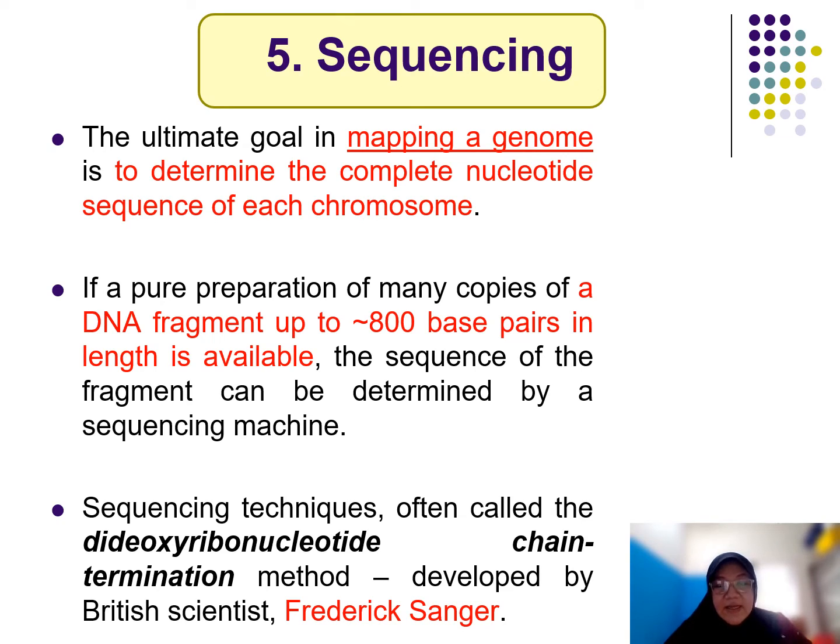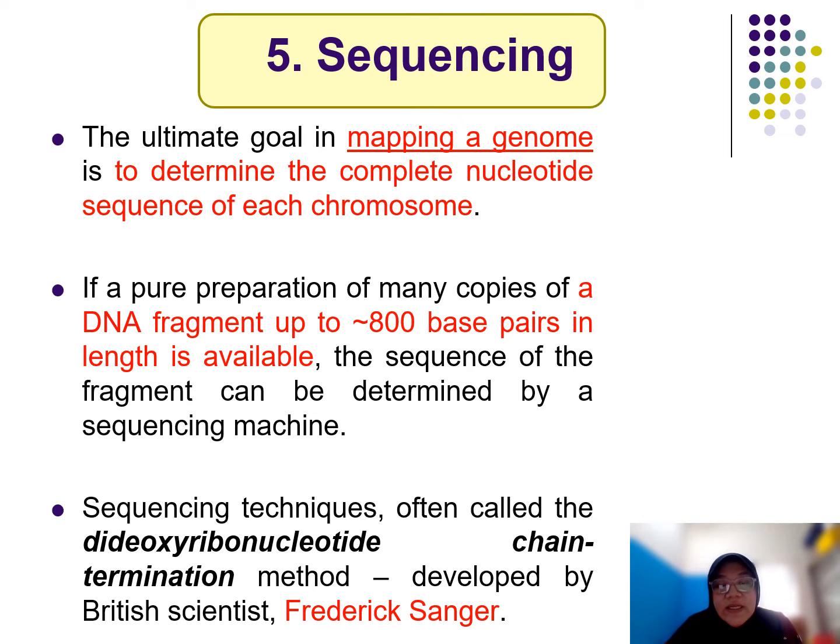It is a nucleotide base that has a fluorescent color added, and with the presence of this dideoxyribonucleotide, it will break the DNA chain, producing fragments. So it will terminate the chain. Let's look at what dideoxyribonucleotide is.